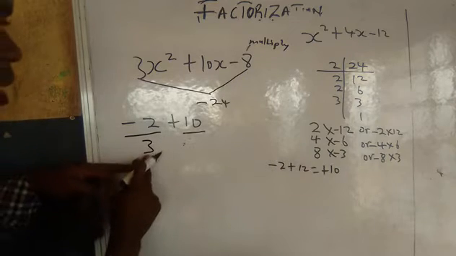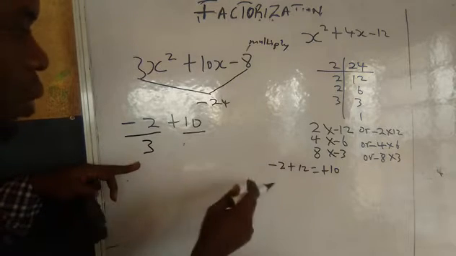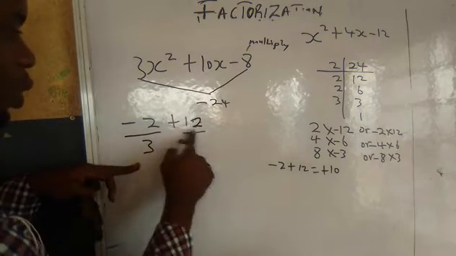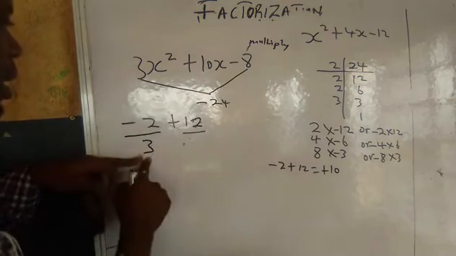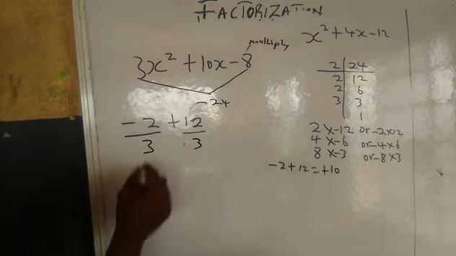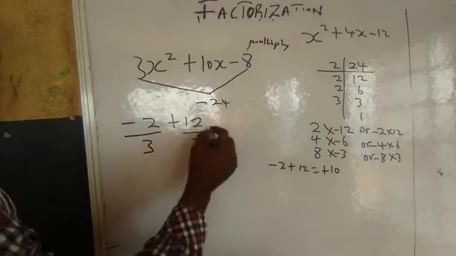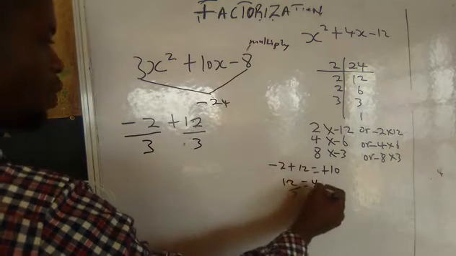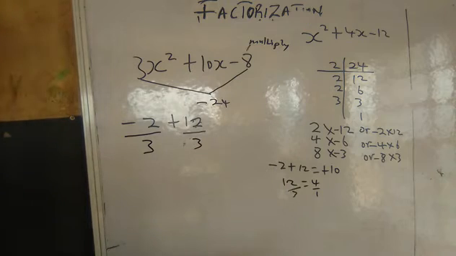Yes, by 3. Then the second one is plus 12. Sorry, plus 12. So by 3, then by 3. Do you understand now? So we cannot open our bracket yet. If you do this one, of course, you are going to have 12 over 3, so you are going to have 4 over 1. Do you get what I'm saying?